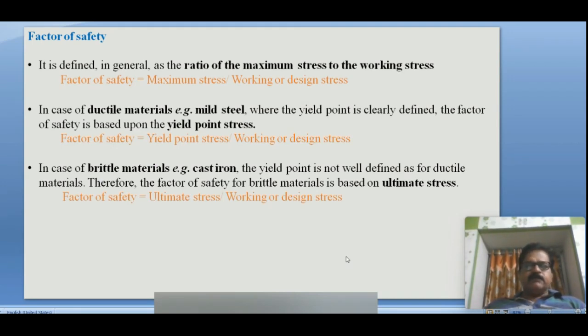This factor of safety will depend upon certain things. Those things are, especially, if a member fails, what would be the outcome?